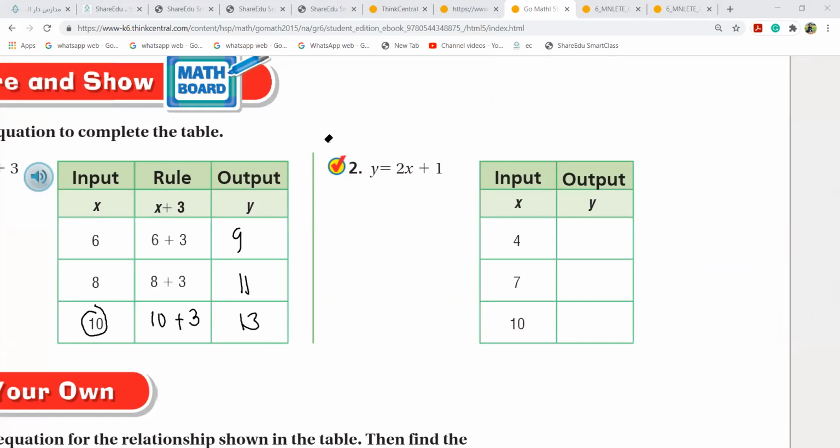What is given in the question here? Rule: x plus 3. Instead of x, I need to put this number because x is 10. I put 10, you have x plus 3, so we need to put 10 plus 3. Instead of x, you need to put 8 because it is given 8, plus 3.